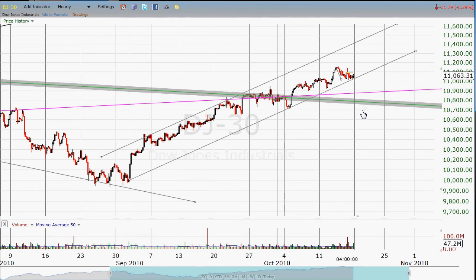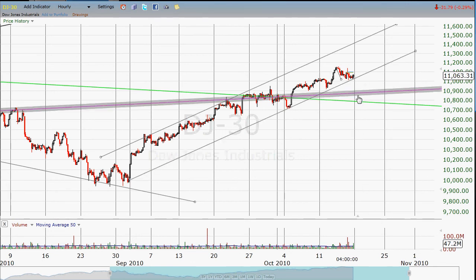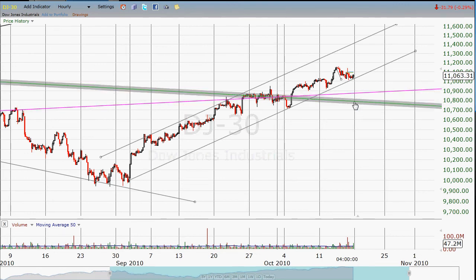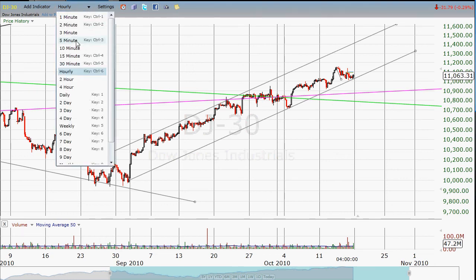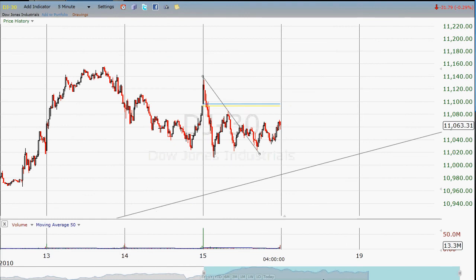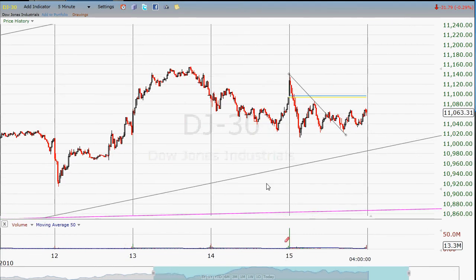So people who are saying the wheels are going to come off again, and we're going to plunge down below 9,000, have two really technically significant areas of support it's going to have to get through. And just right now, as I look at this chart, I don't see that happening. I just don't see it. I'm not saying it can't, but it does not look to me like that's going to be the case.